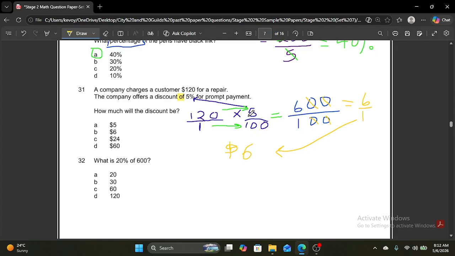Well, 5% of 120 is $6. So the answer is B. Remember, it didn't ask us what the customer will pay after receiving the discount. It just asks what the discount would be. That's the reason why 6 is the answer right there.